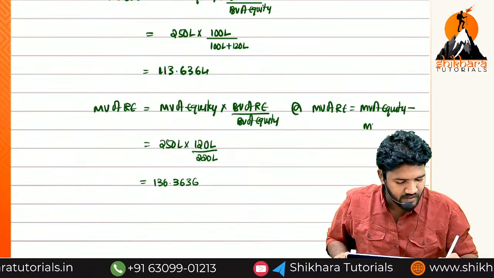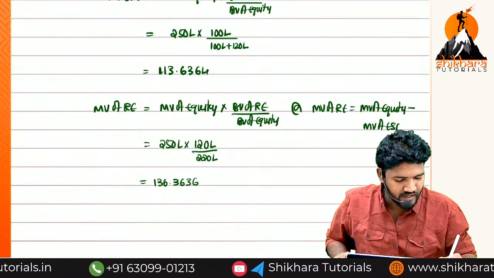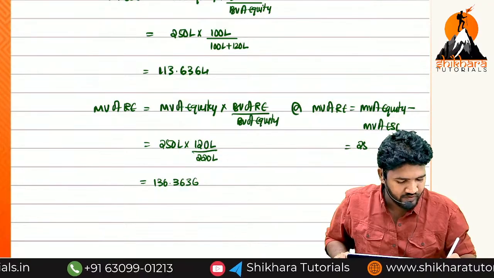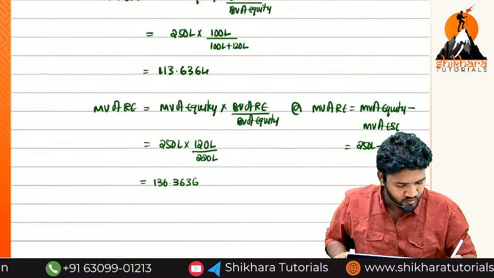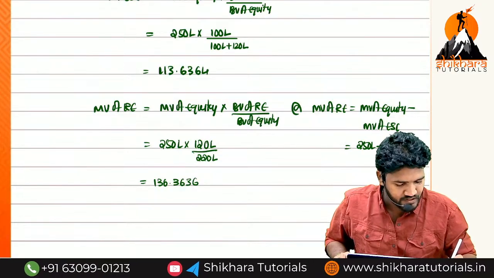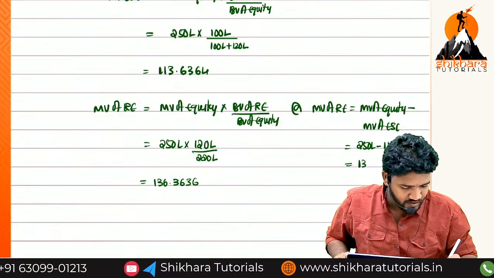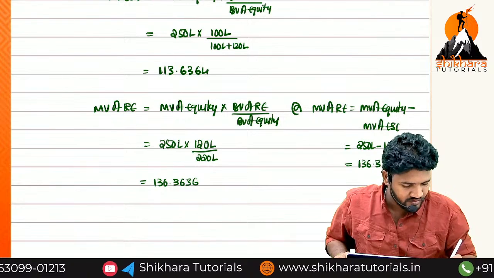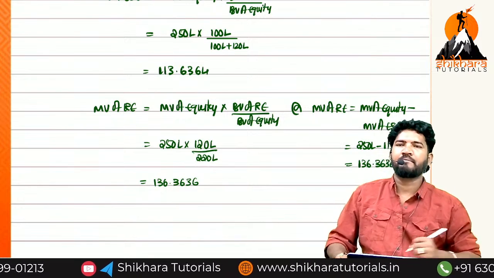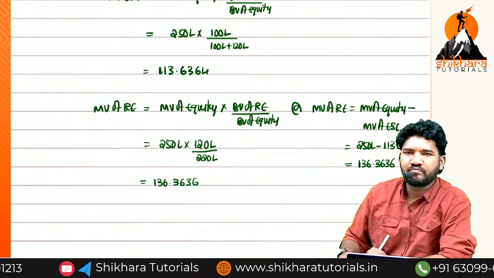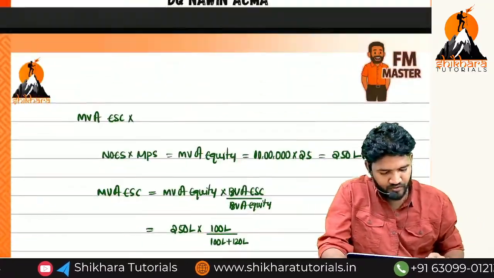market value of equity minus market value of equity share capital. 250 lakhs minus 113.6364 lakhs. Answer: 136.3636. Clear sir? Now you have to post these values here.